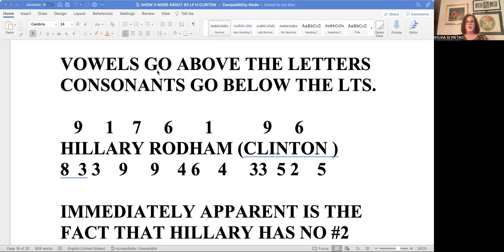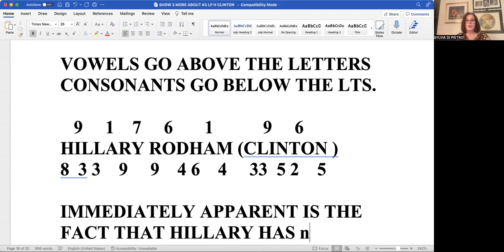And then she picks up some more 3s, as you can see in Clinton. She picks up a 3 under the C and a 3 under the L. So when we look at Hillary Clinton here, and we look at her numbers, we notice that she does not have a lot of 2s, okay?